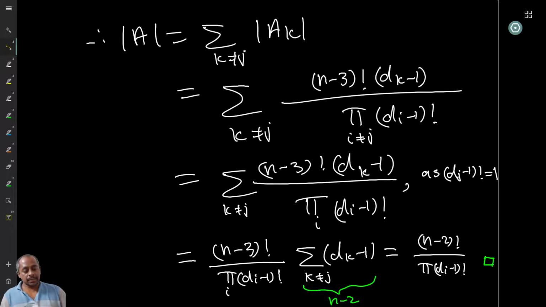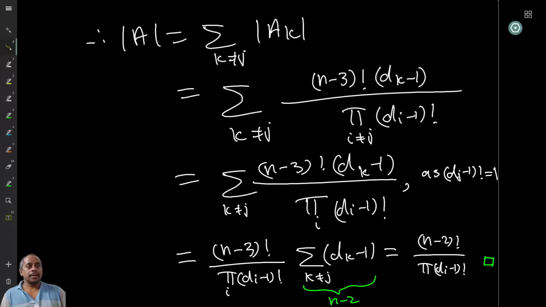Now, since these terms do not depend on k, we can just take them out. So we get (n minus 3) factorial by the product over all i of (d_i minus 1) factorial, times the summation over k not equal to j of (d_k minus 1). Now, what is this sum? Well, this is the sum of the degrees where k is different from j, and we can see that it is actually equal to n minus 2, right?